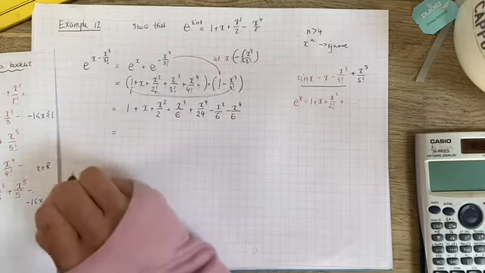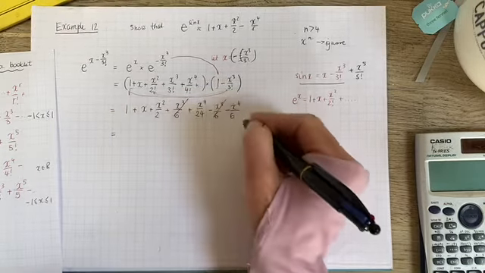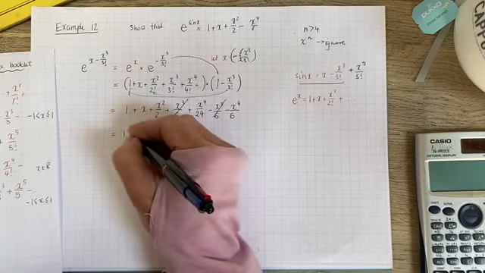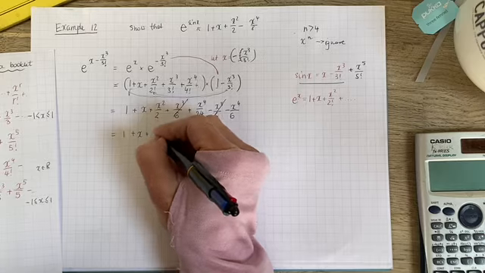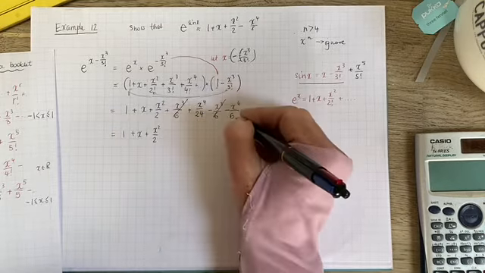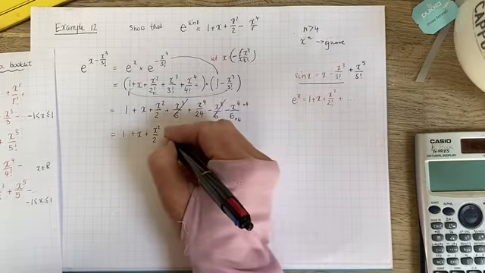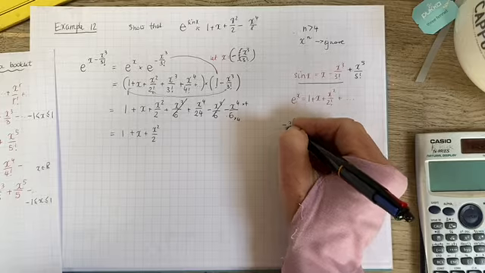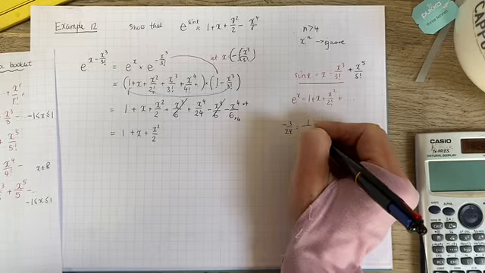So collecting terms, this one nicely cancels, so you've got 1 plus x squared over 2, and then over here you've got x to the power of 4. If you multiply that by 4, that gives you minus 3 over 24, which is minus 1 over 8.